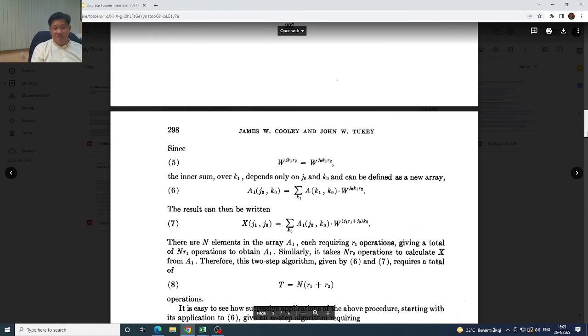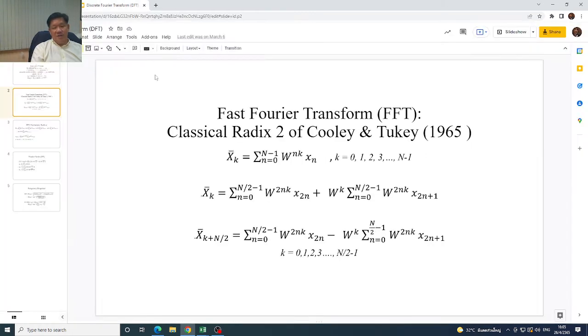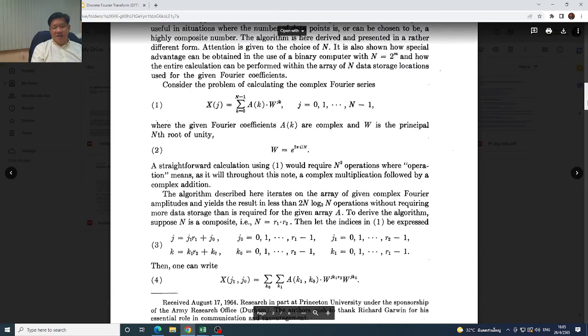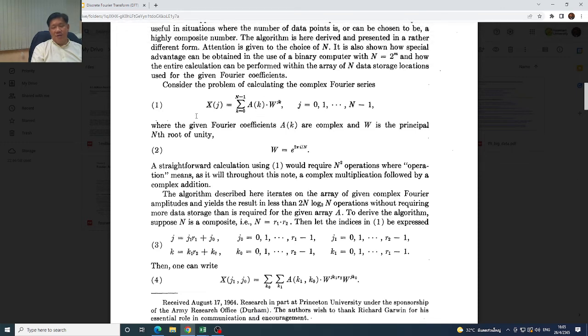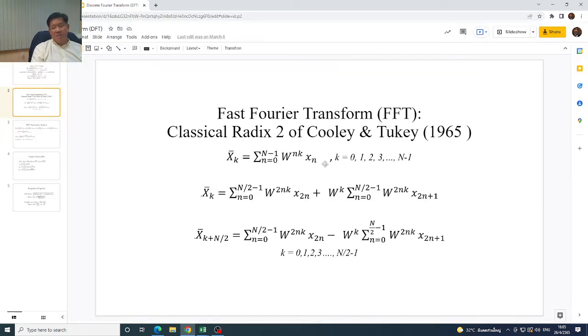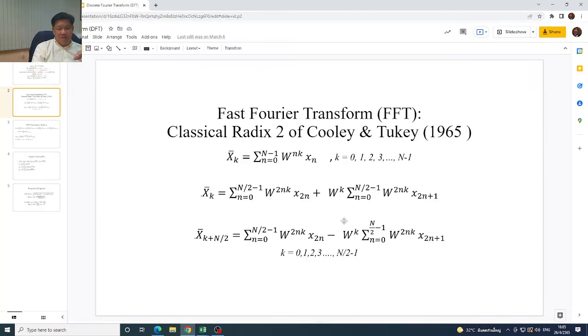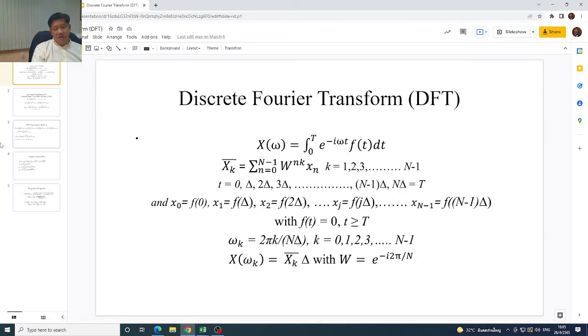They use the W here, which is the same W that we use here, following the same spirit. But this one uses a sub k instead of x sub n, just like what we are doing here. So we're going to explain this concept by using the notation that we are using here.